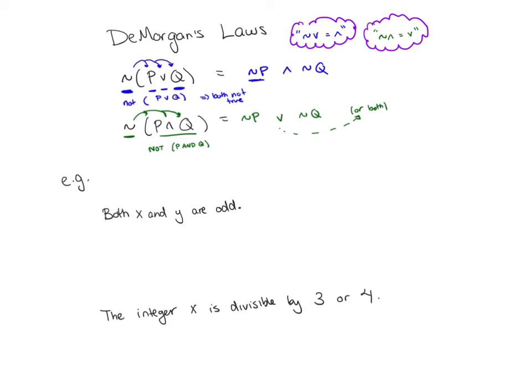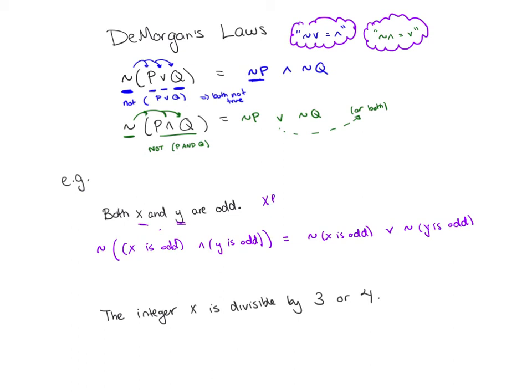All right, so let's actually try these. I've got two statements here. Both x and y are odd. All right, so I can write this as x is odd and y is odd. Now, if I want to negate that, my negation should be it's not the case that x is odd, or it's not the case that y is odd, or both.